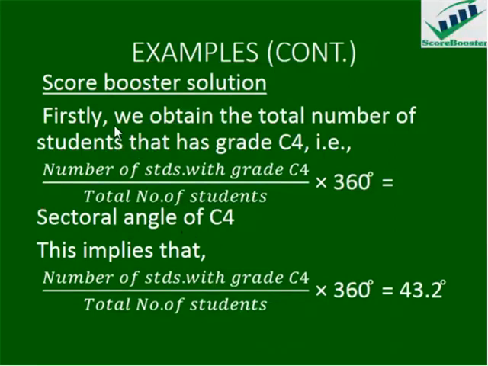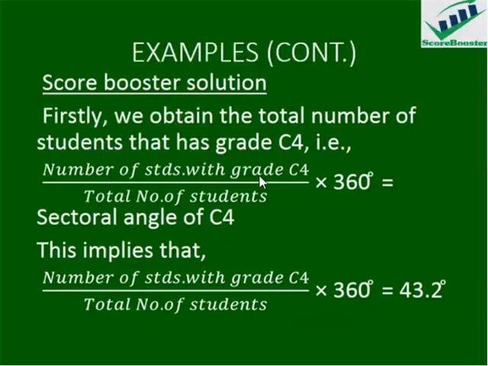The first thing you will obtain is the number of students that have grade C4, and this will be obtained using the formula for sectorial angle, since it is only the sectorial angle of C4 we know, which is 3.2 degrees. And the formula for sectorial angle will be number of students with grade C4 over total number of students, multiplied by 360 degrees, will be equal to the sectorial angle of C4.